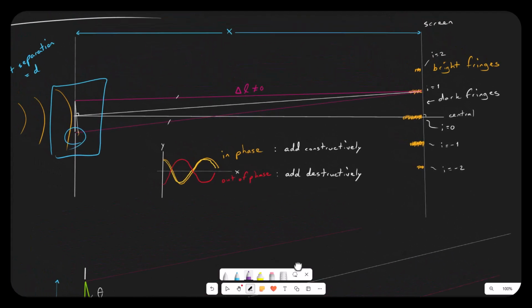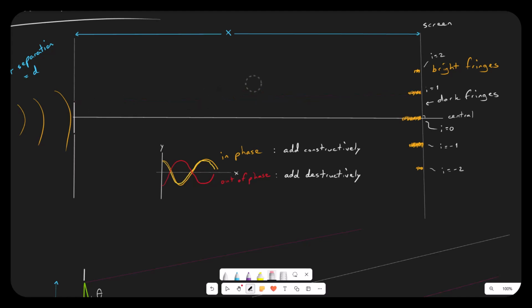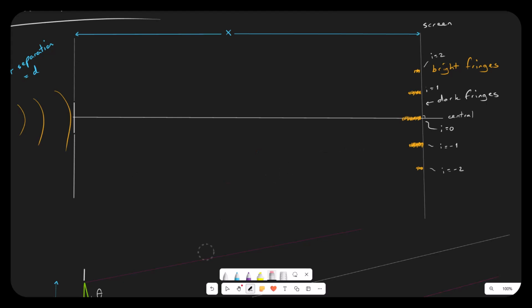I want to look back at what this means here, and I'm going to do a little bit of erasing because this got really busy really fast. Let's get rid of this too. What I did, I said I had over here at this center line a path length difference of 0.